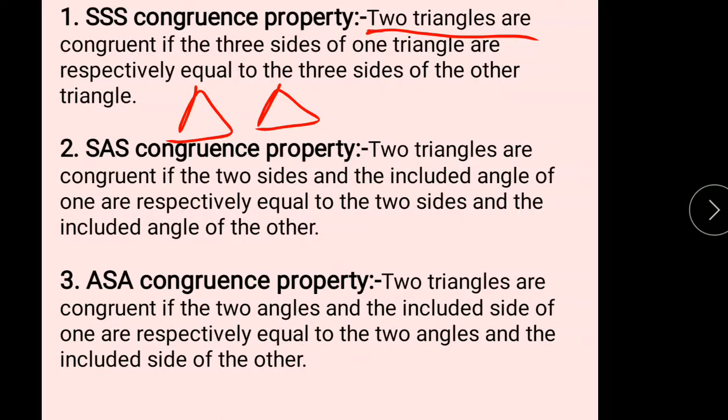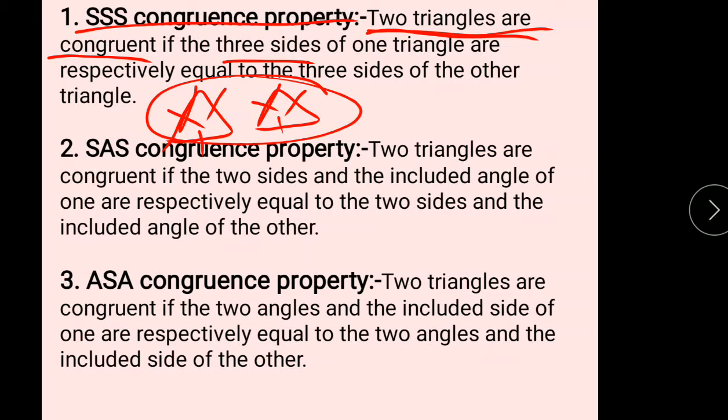So the first property is: 2 triangles are congruent if 3 sides, you know that in a triangle there are 3 sides, 1, 2 and 3, right? If these 3 sides of a triangle are equal to the 3 sides of the other triangle, then we can use this congruency property, that is SSS congruency property.